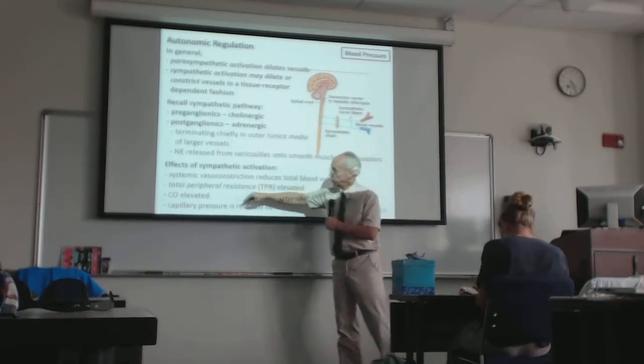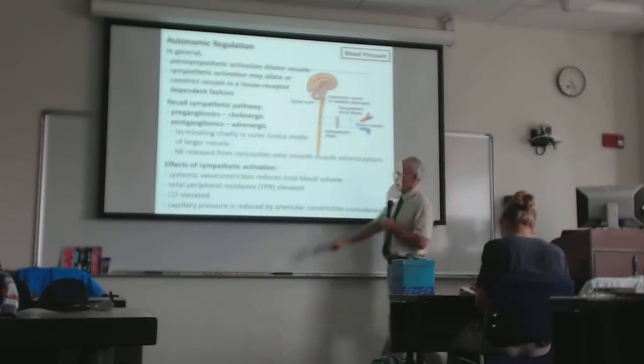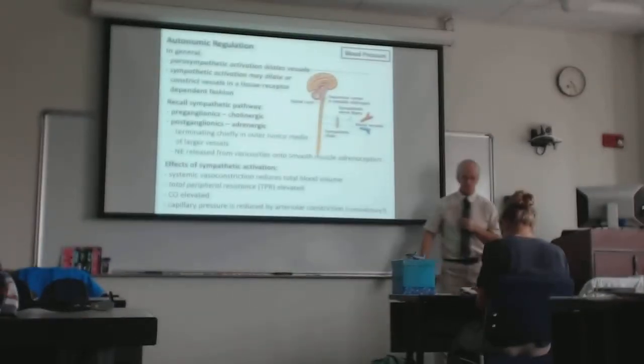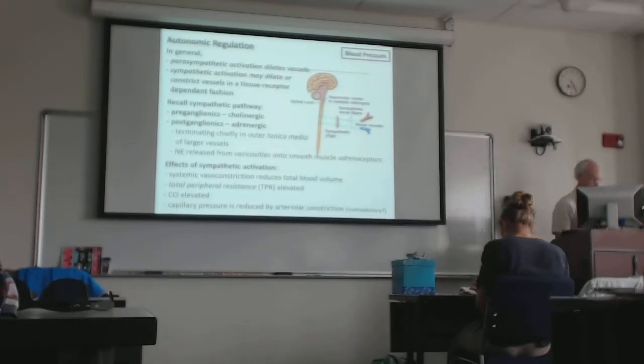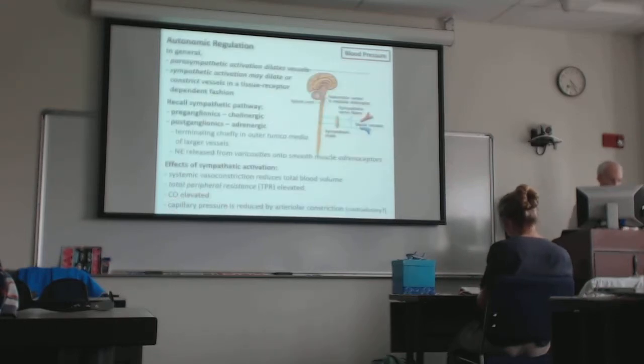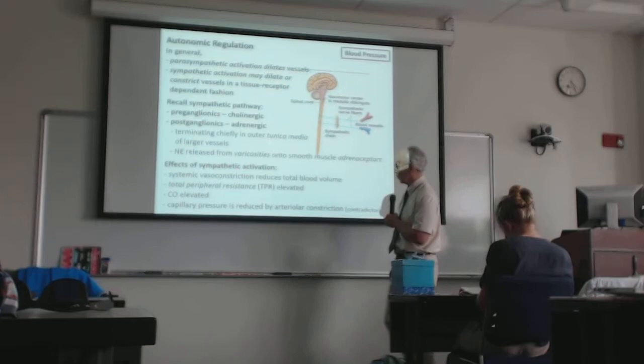If there is systemic vasoconstriction, then total peripheral resistance will increase. Respiratory cardiac output is increased. And those are the primary mechanisms. But it says here capillary pressure is reduced by arteriolar constriction. Someone explain that. Why would capillary pressure be reduced by arteriolar constriction?